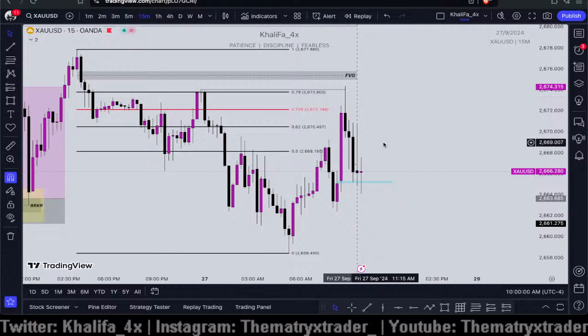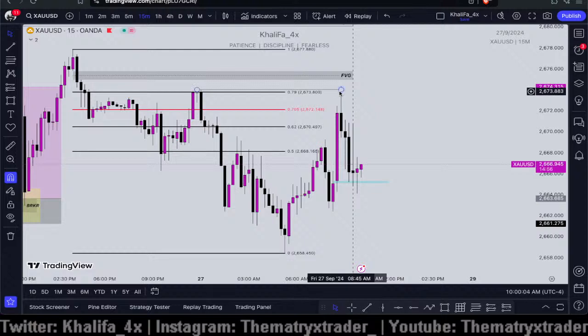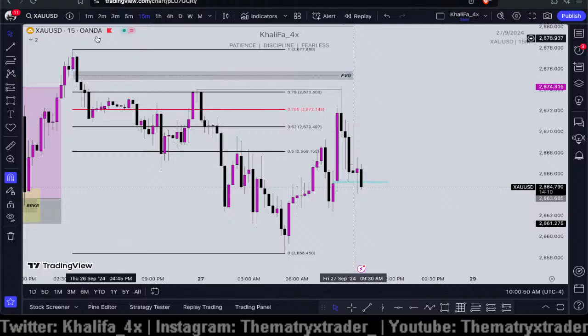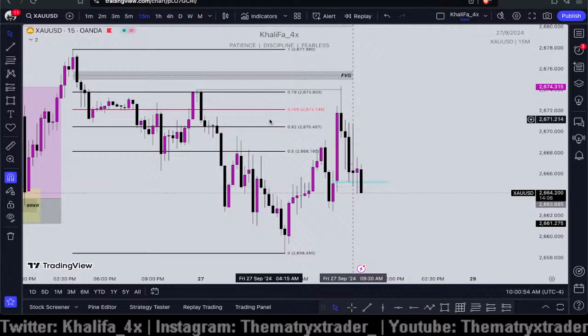We actually missed the entry from this very level. This happens most of the time with me while I'm marking out the optimal trade entry levels.